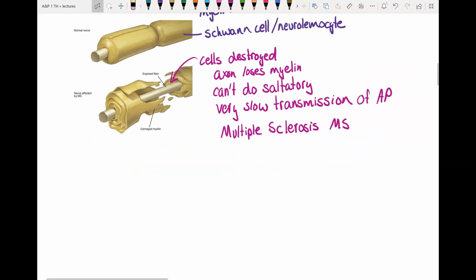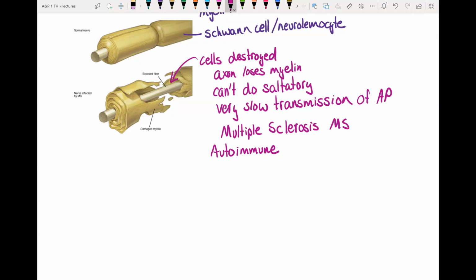This is an autoimmune disease. So autoimmune is when your immune system messes up and attacks your own cells. Your immune system is only supposed to attack pathogens that are making you sick. But in autoimmune, it messes up and it attacks your own cells.